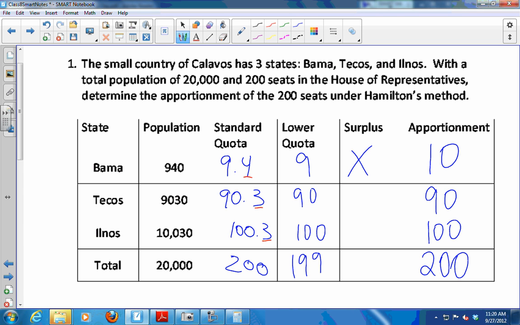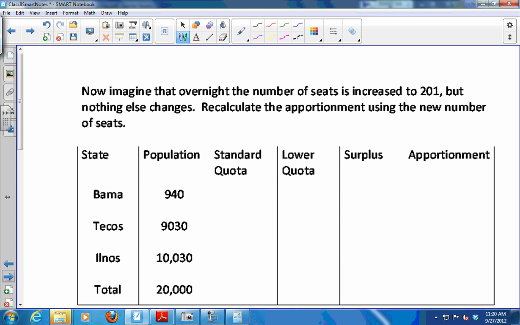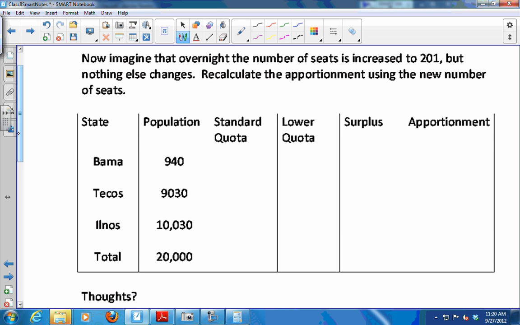So now I'm going to do this same apportionment, except imagine that overnight the number of seats is increased to 201. And this happens, like in our own House of Representatives, the number of seats changes over time. As the country grows, we might add more seats. So we're adding a seat to our Congress, 201.